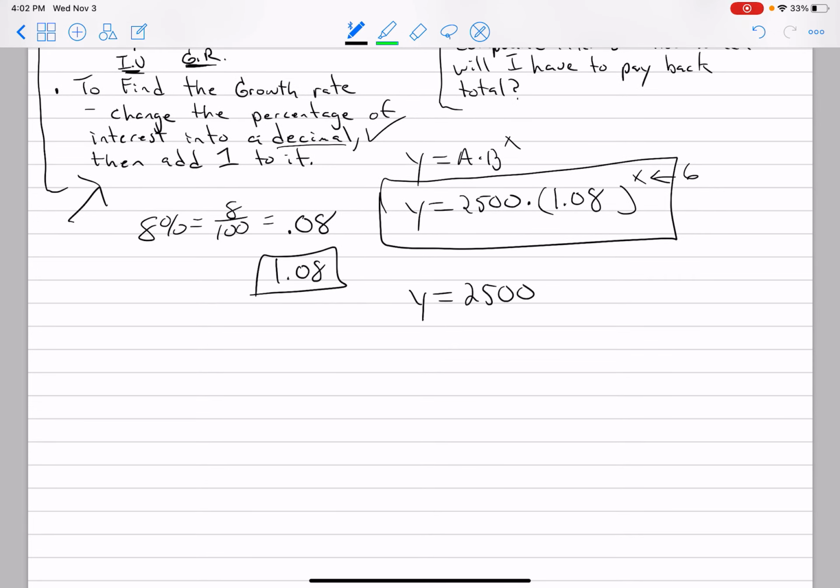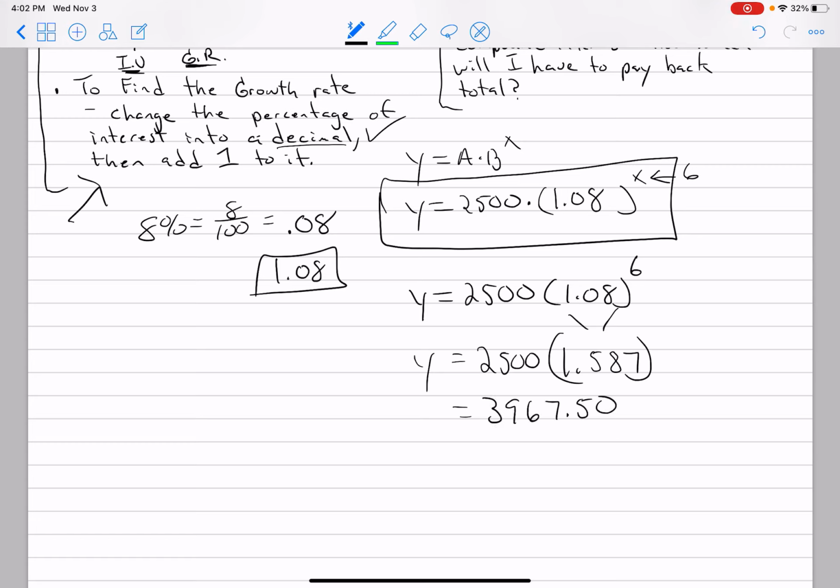And now I got to take that times 2,500 because that's still there. So 1.587 times 2,500 is $3,967.50. And this is what y equals.